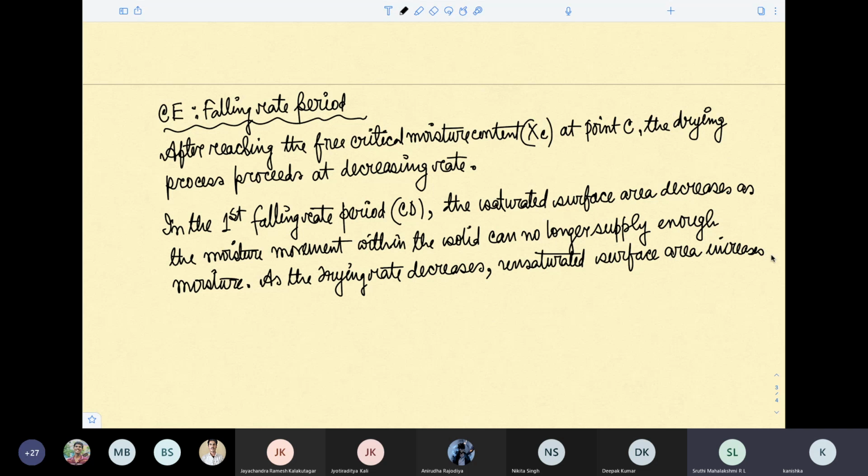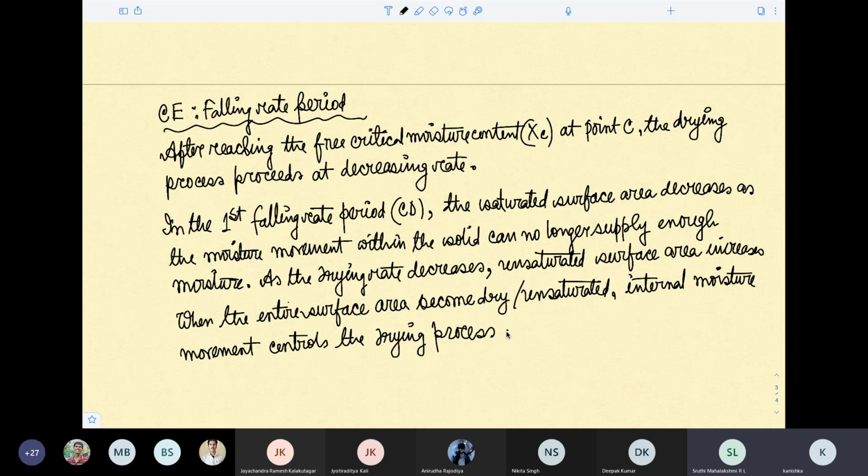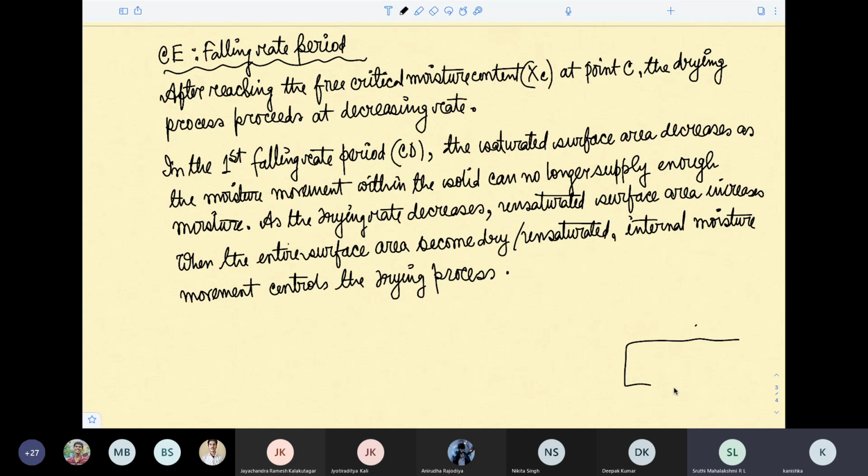Now when the entire surface area becomes dry or unsaturated, internal moisture movement controls the drying process.